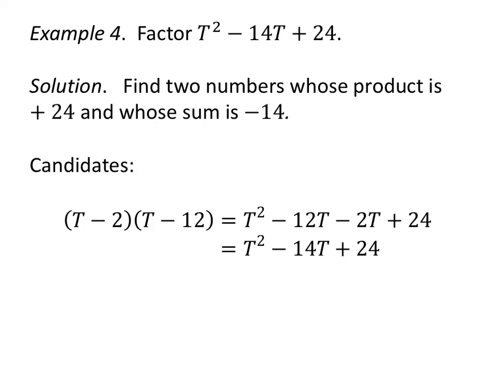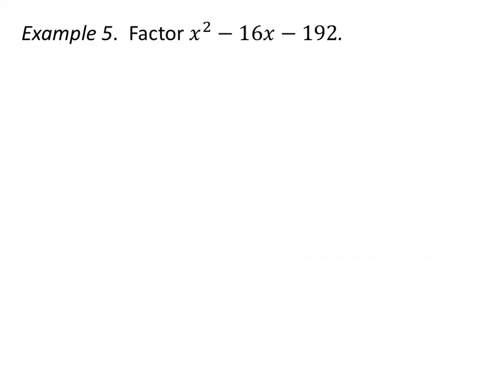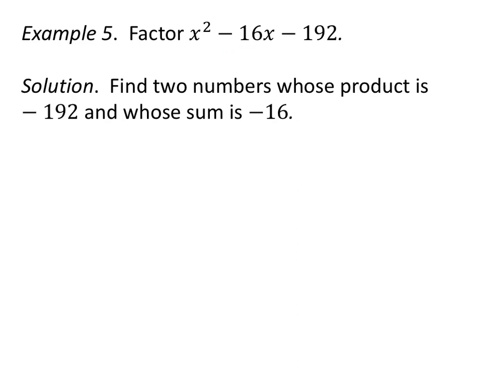Okay, one more. Oh, big one here. Now I've got to really think about this one. Okay, our product is going to be -192, and the sum of the values is going to be -16. So just to sum up, we need to find two numbers whose product is -192, whose sum is -16.